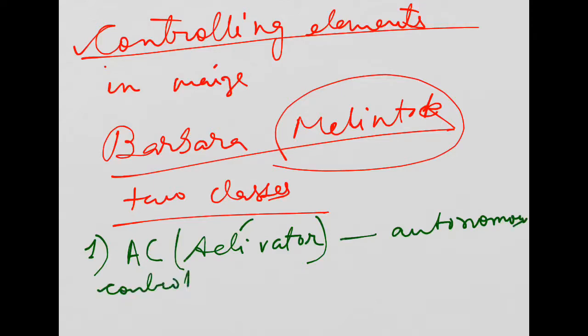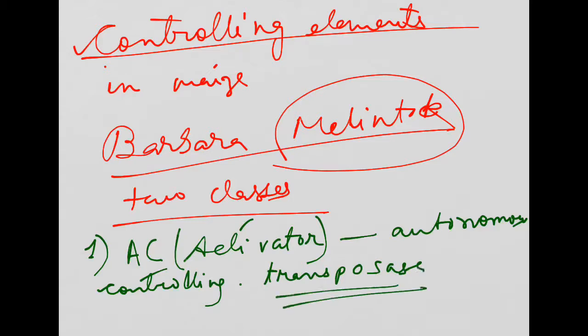I have already discussed what autonomous transposons are in my first video, the introductory video on transposons. Please check that video. Autonomous elements are those which have a gene coding for transposase of their own, and they are capable of transposition. That means they are self-sufficient.